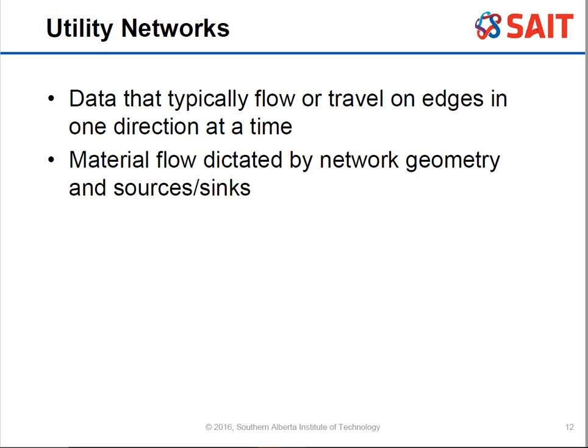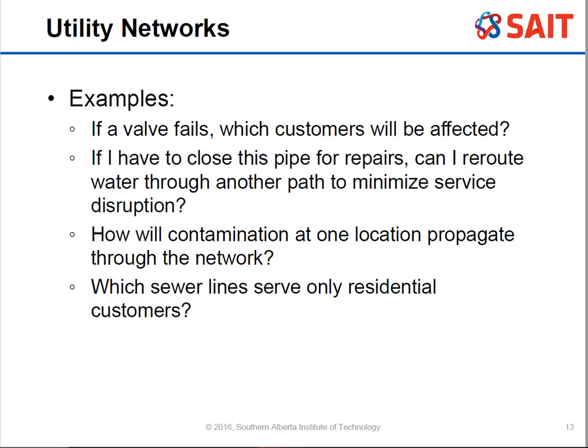It looks at material flow dictated by network geometry and sources, or sinks as it's called. So you can see how people move in one direction, or you can see water flow, right? That's another one, and that's all dictated by this geometry.